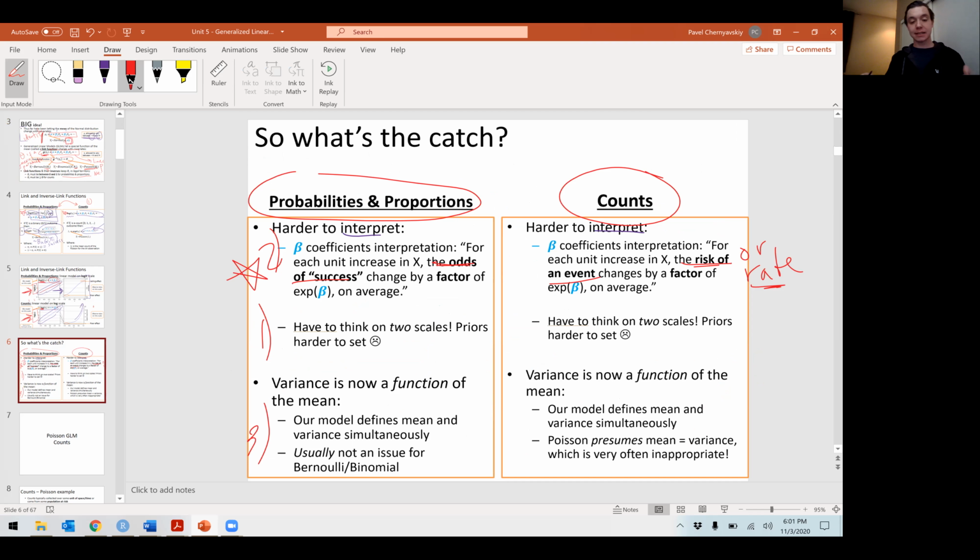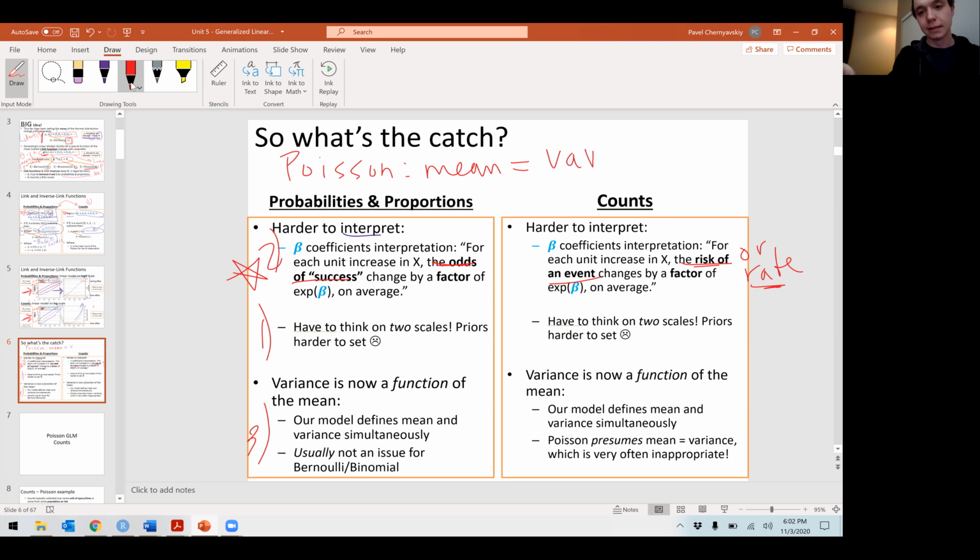Our mean and variance are defined by the model simultaneously. So for the Poisson, the mean is equal to the variance, equal to lambda.